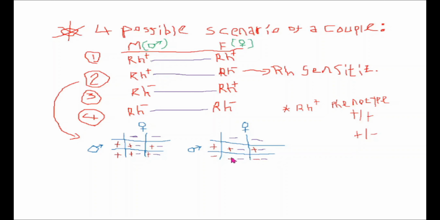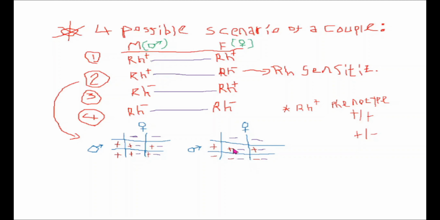Therefore, if the father is homozygous for the Rh plus, the probability of having the Rh sensitization is very high, and there should be consulting medical experts. In this case also the problem is 50-50. Okay, if the baby is plus, then there will be problem.